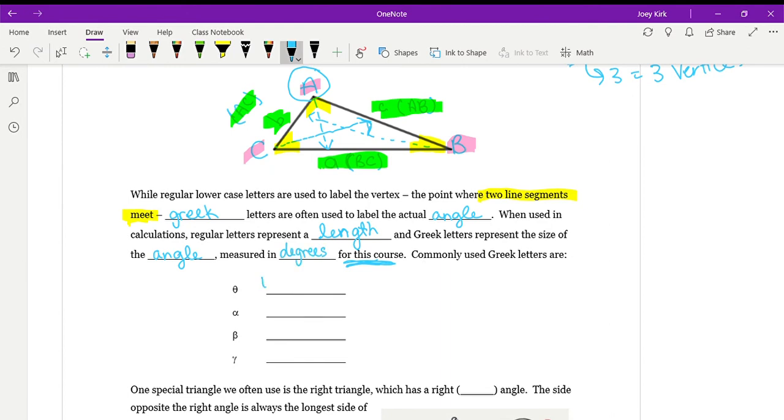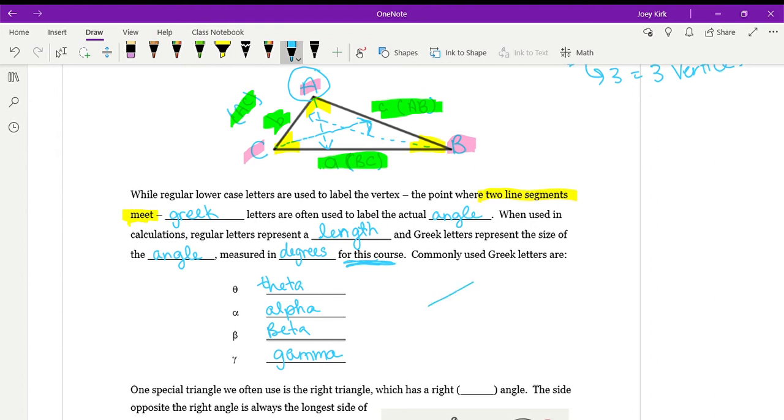So we have theta, that's the first symbol. This is alpha. This is beta. And this is gamma. These are four different Greek symbols that we often use to represent an angle.